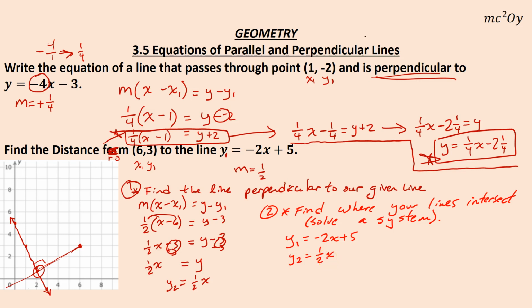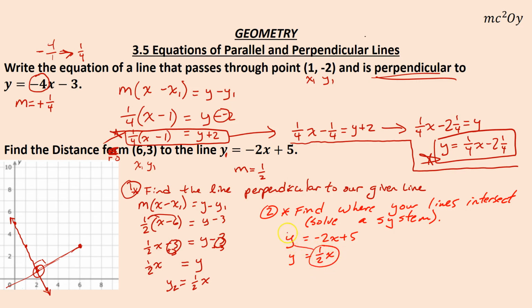Okay, well now if I look at this, kind of ignore the 1 and 2 for a minute, and they both equal y. So if you recall from solving systems, you can use substitution or elimination or graphing. Well, graphing isn't working well for us right now. I'll show you how you could use graphing here in a minute, but I'm going to go ahead and use substitution here.